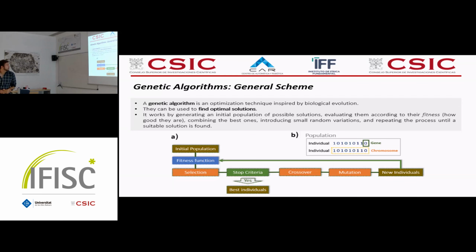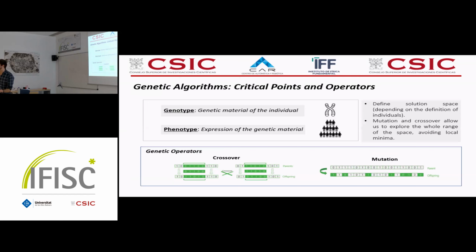So we can cross a lot of solutions to get the best ones at the end. Here we apply some genetic operators, such as crossover and mutation, that we will comment on later. And it's an iteration until we reach the best individuals. If you have any questions, you can ask for sure.